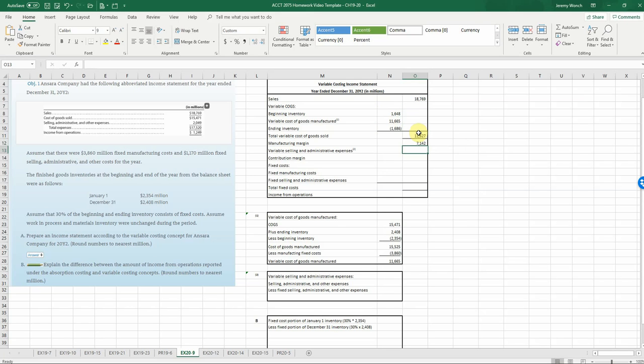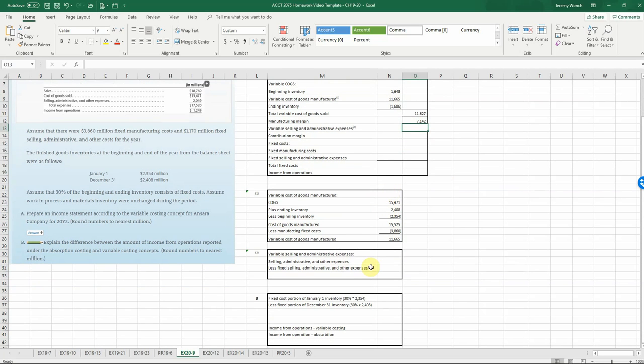So now to get to our contribution margin, we have to subtract out the remaining variable cost that we had, which was our selling and administrative. So let's drop down here to this little note to figure that out. So we have our selling, administration, and other, so it's up here at 2049.